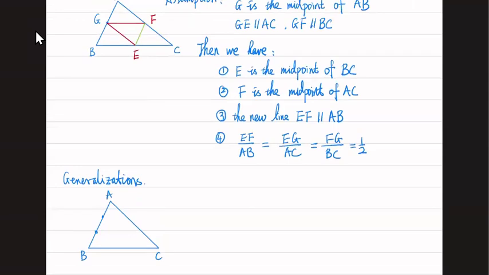I call them G1 and G2. Then we draw parallel lines. It's very similar to what we had before. Just we have two pairs of parallel lines.